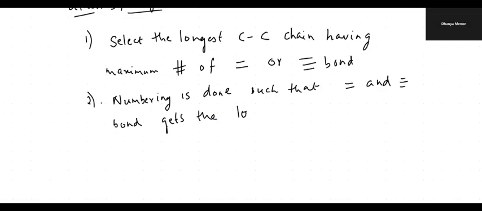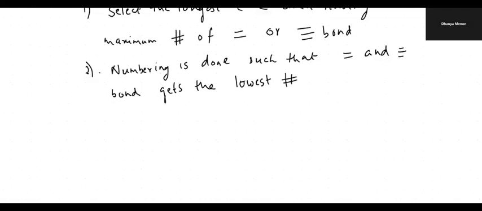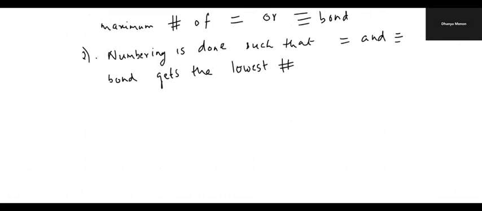Okay. So first you select the longest chain that includes as many double and triple bonds as possible if there are multiple double and triple bonds in the compound. And numbering is done in such a way that double and triple bonds get the lowest number.